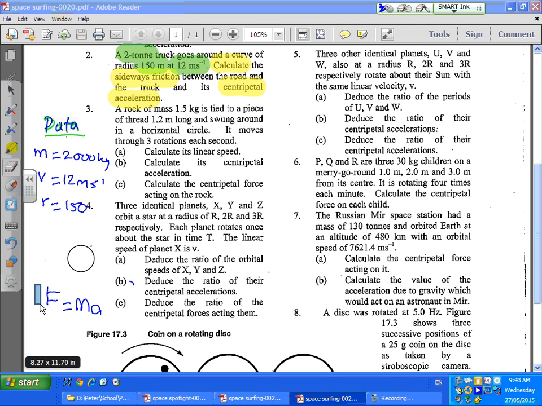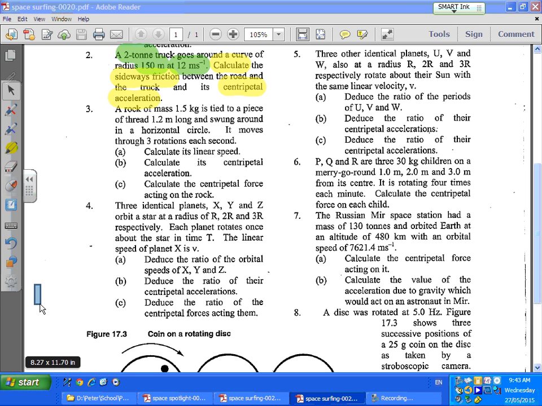Which is 0.98, is it? Okay. 0.96. The next question is very, very similar. I don't really need to keep doing these for you because you can see how you approach them, what you do with them, yeah?